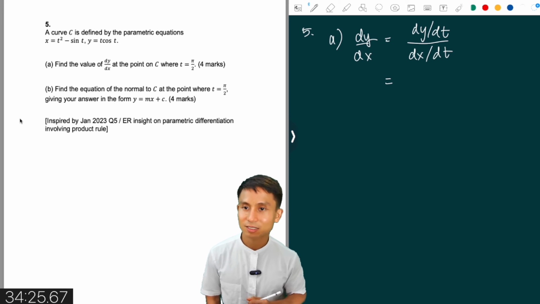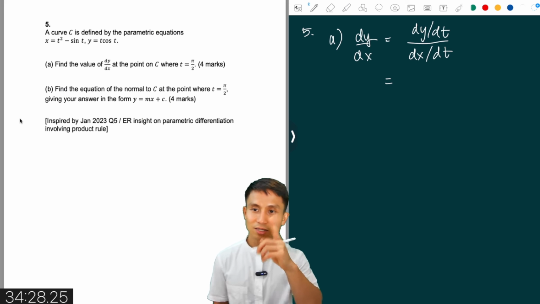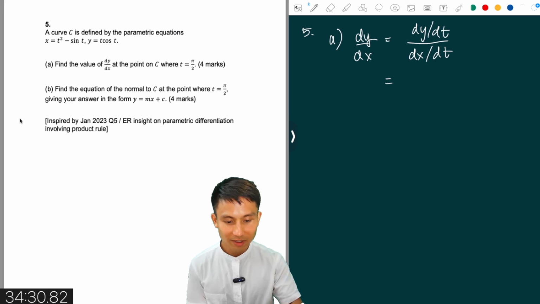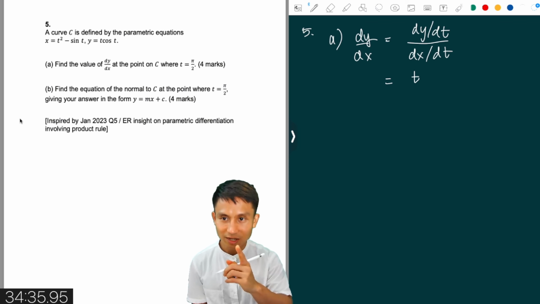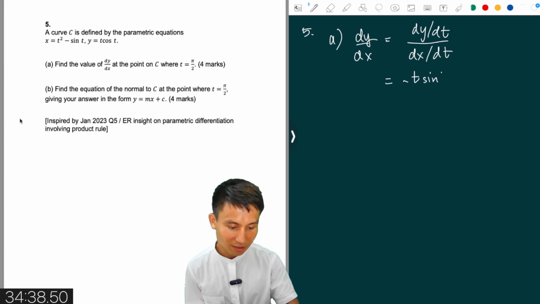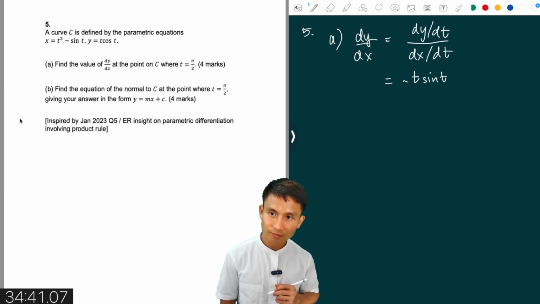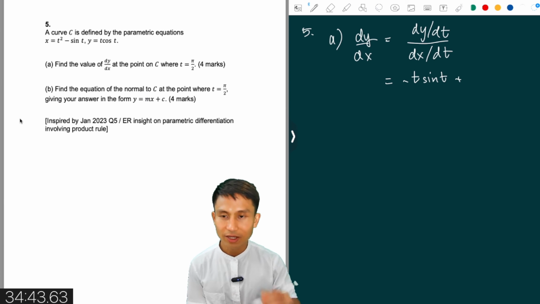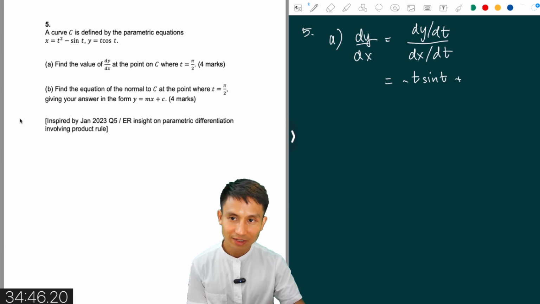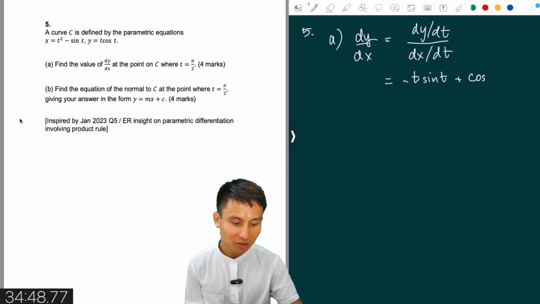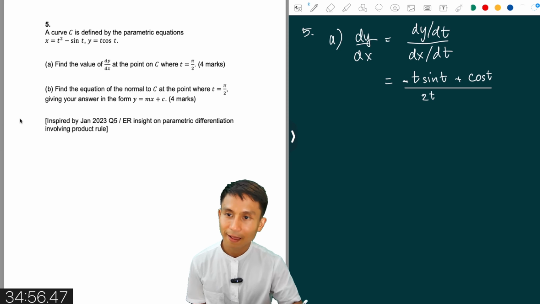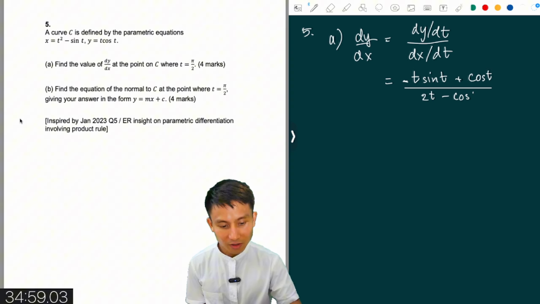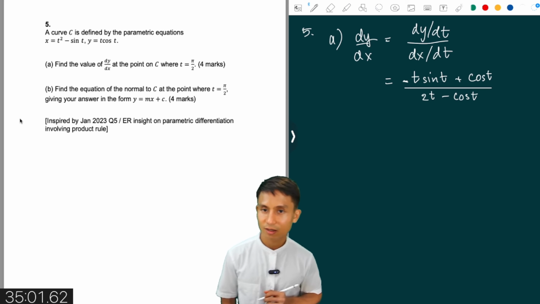So you're going to have to differentiate t cos t, and that is a product rule. u dv, differentiating cos t, we get a minus sin t, so I put a minus in front there, plus v, which is cos t, and du is just differentiating t, so it's just cos t here. That's dy by dt. And dx by dt would be differentiating t squared, which is 2t, and differentiating sine would be a cos t there. That's it.